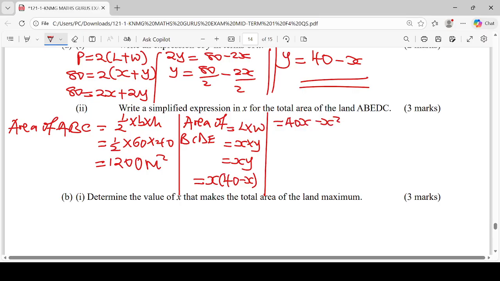Now to get the total area, you take the area of the triangle, which is 1,200, plus the area of the rectangle, which is 40x minus x squared.